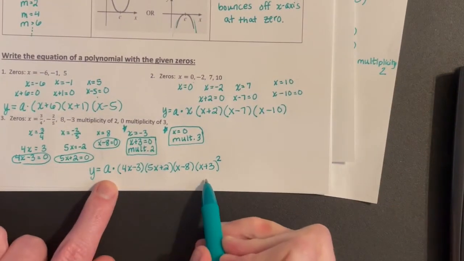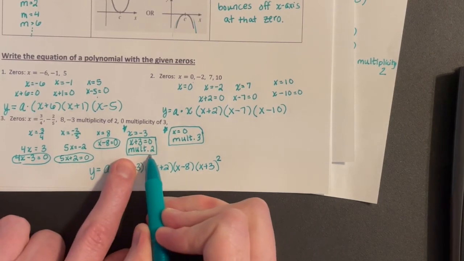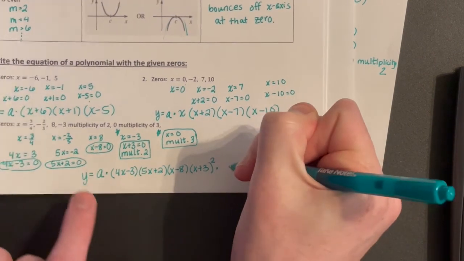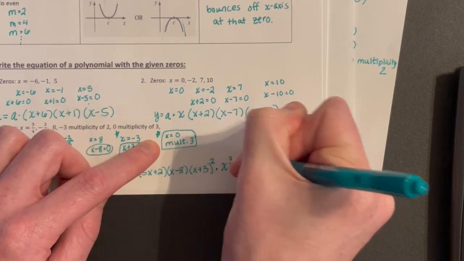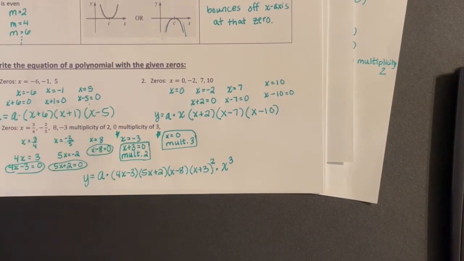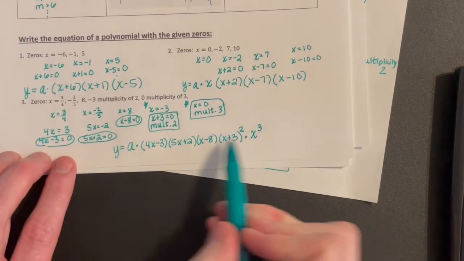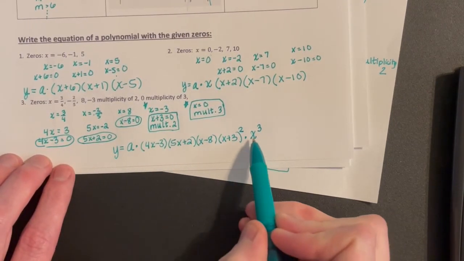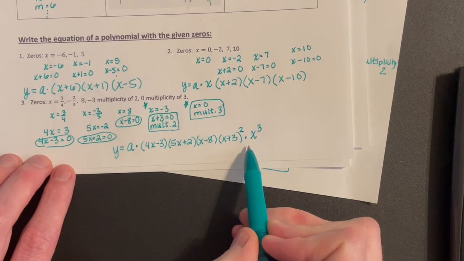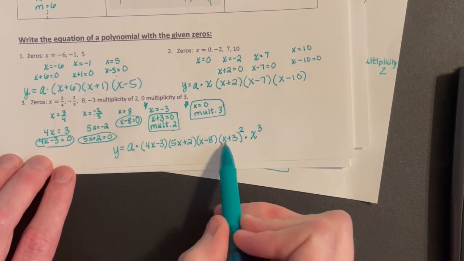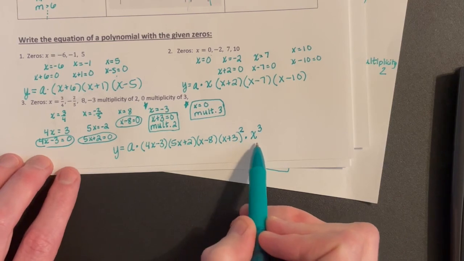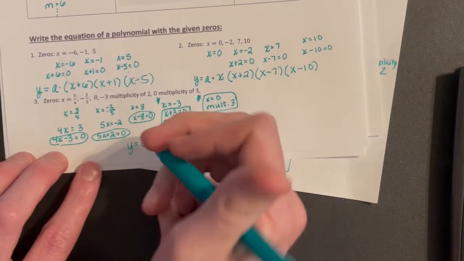When I got to the x plus 3, I put a squared on it because it has a multiplicity of 2. And then x equals 0 is just an x, but it has a multiplicity of 3, so it's just going to be x cubed. You'll hardly ever see it written this way because your x cubed term doesn't have another value with it, so it's not like x minus something or x plus something. So usually that goes in the front of the function.